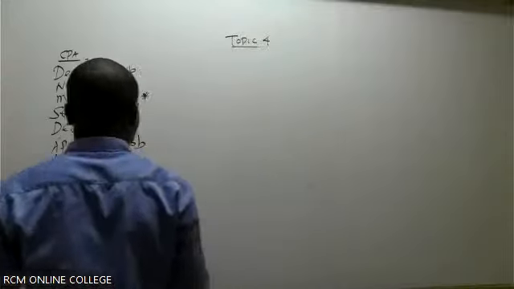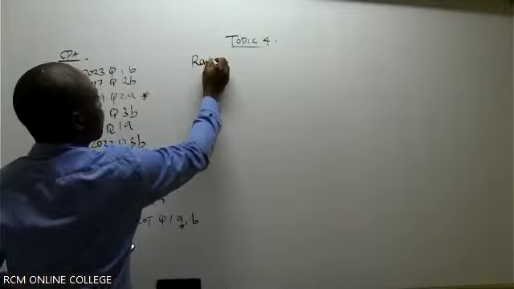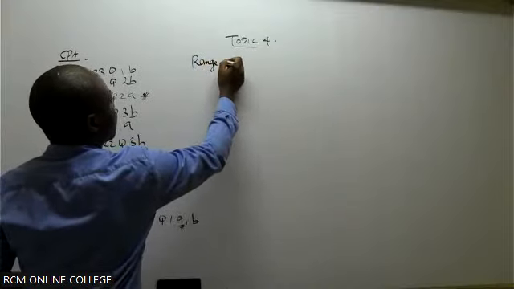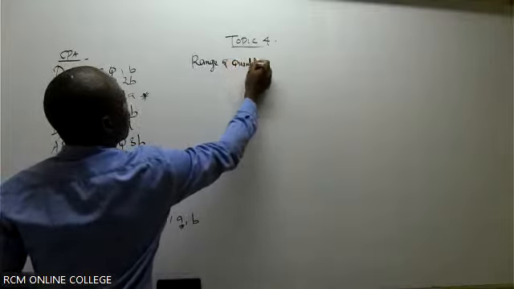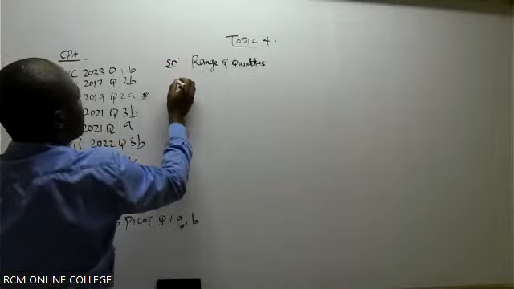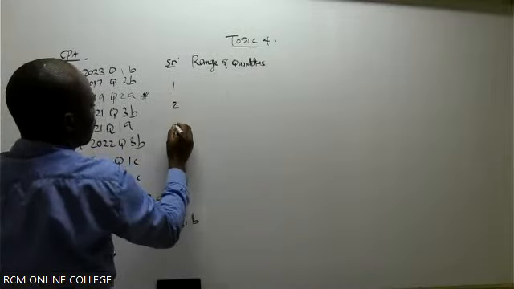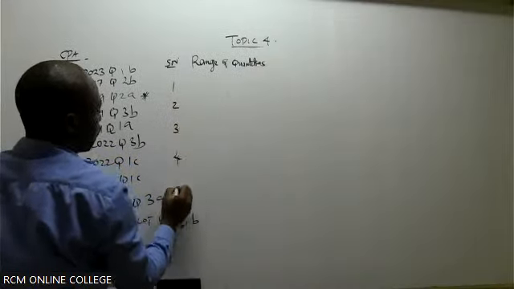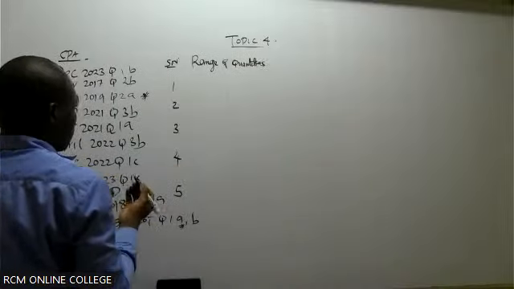So we have a range of quantities. Maybe here you can just have 1, 2, 3, 4, 5.